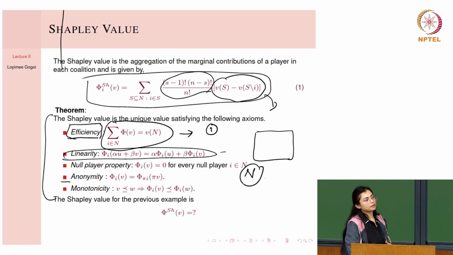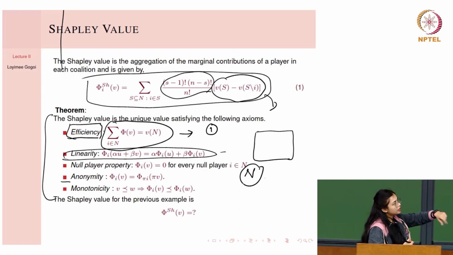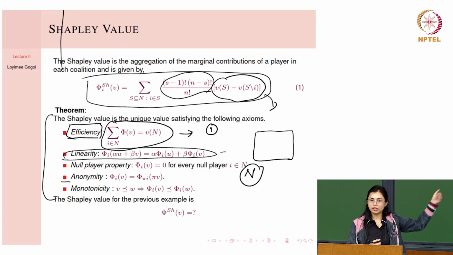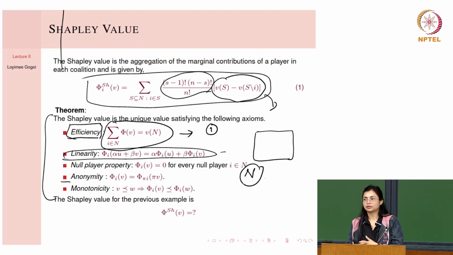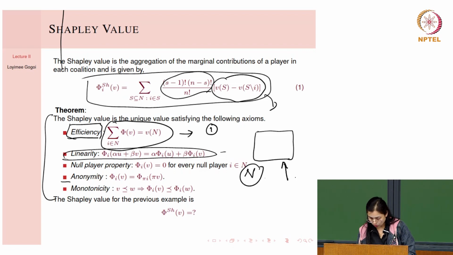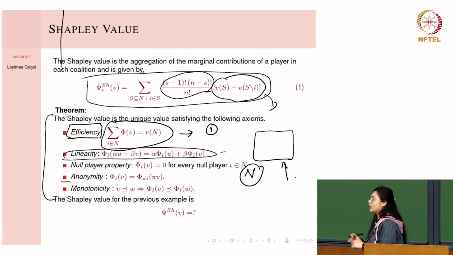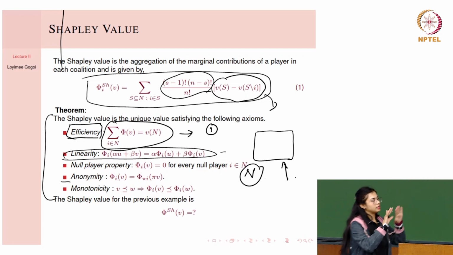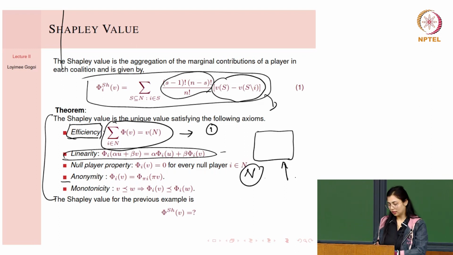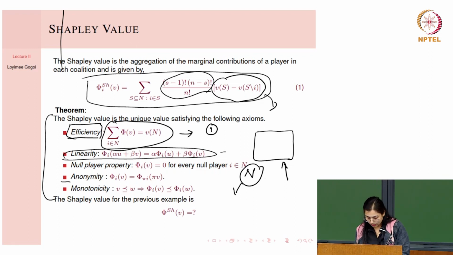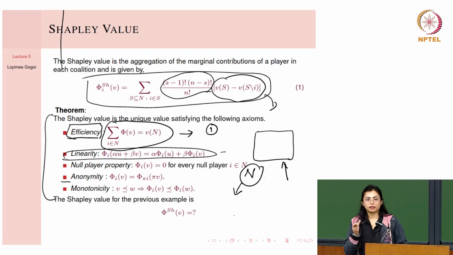If I ask them to make a queue outside the room and enter the classroom, so that our objective is to form the grand coalition inside the room, how many possible ways can the queue enter?